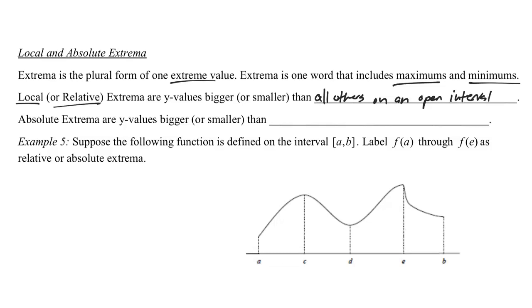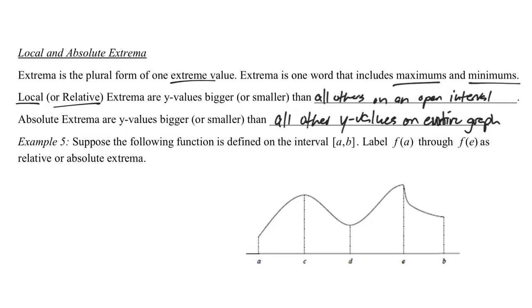So absolute extrema are y values bigger if we're talking about maximums, or smaller if we're talking about minimums, than all other y values on the entire graph. And so we're not just concerned with an open interval around a few points, but with the entire graph itself.